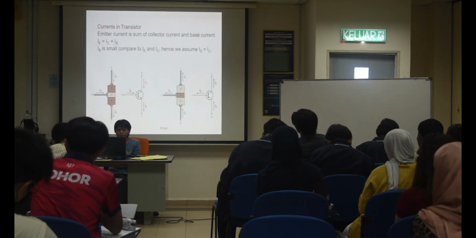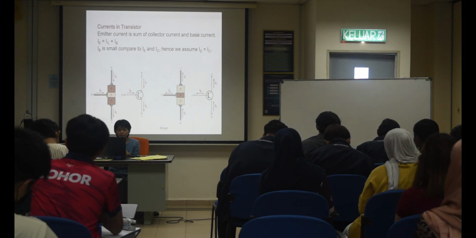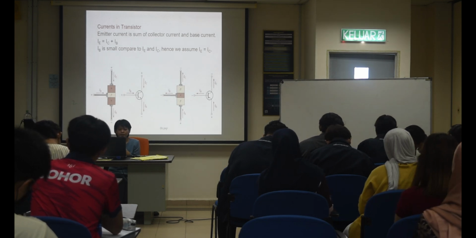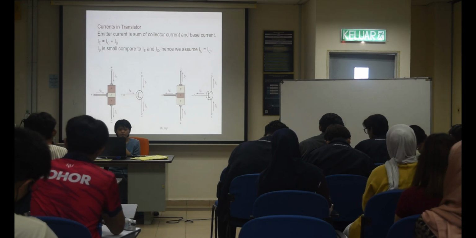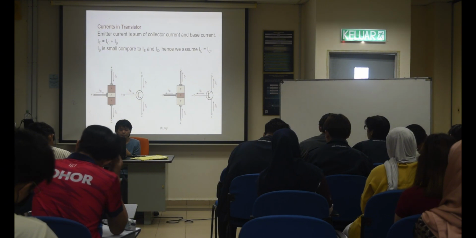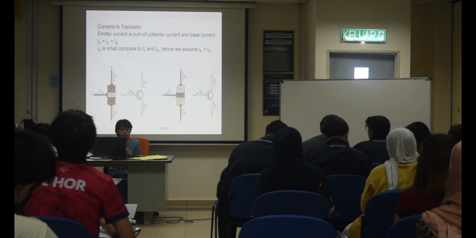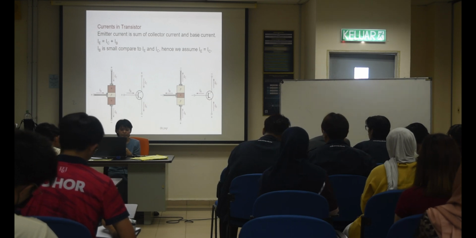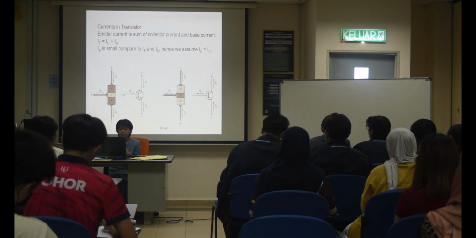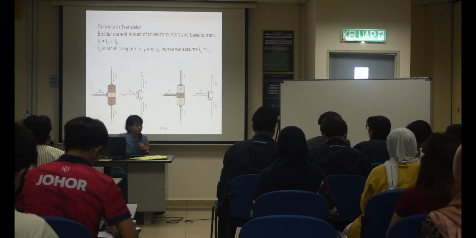Okay. Now the current inside the transistor is the summation of collector current and base current: IE equals IC plus IB. So you can see here is IC, current coming in here, IB coming in here, two currents coming in. These two add up, you get IE. Can you see?